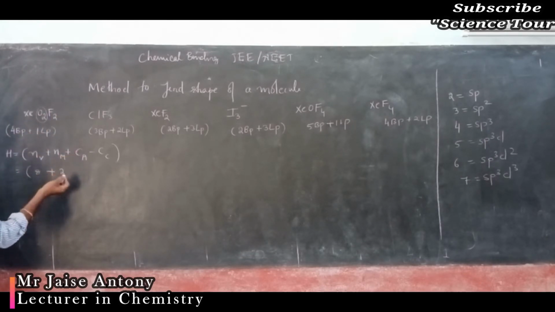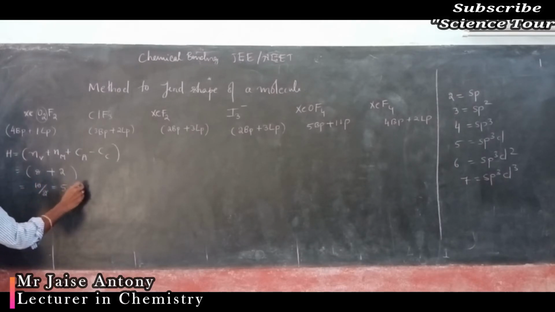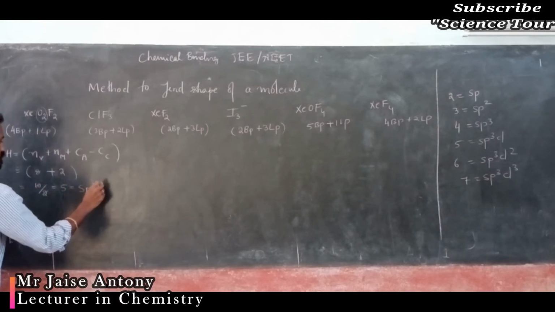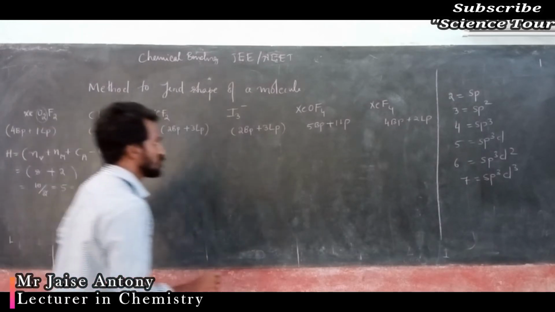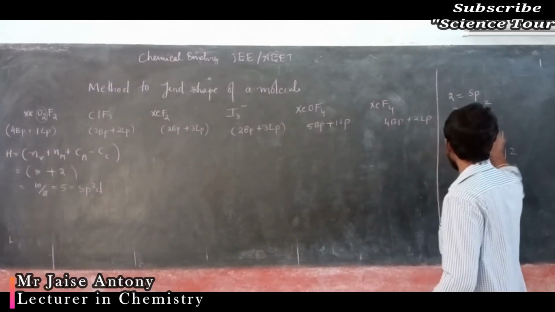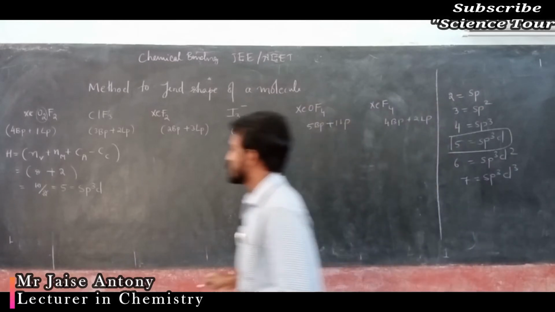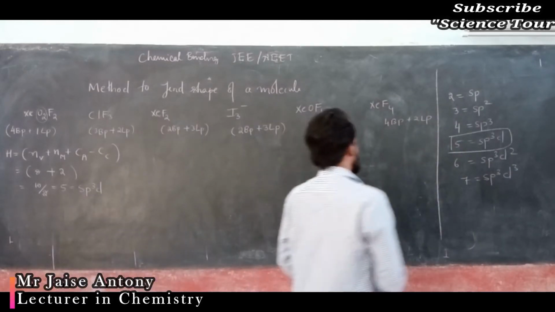Is there any anion or cation charge? No. 8 plus 2 is 10. 10 divided by 2 is 5. If you are getting 5, it means sp3d.